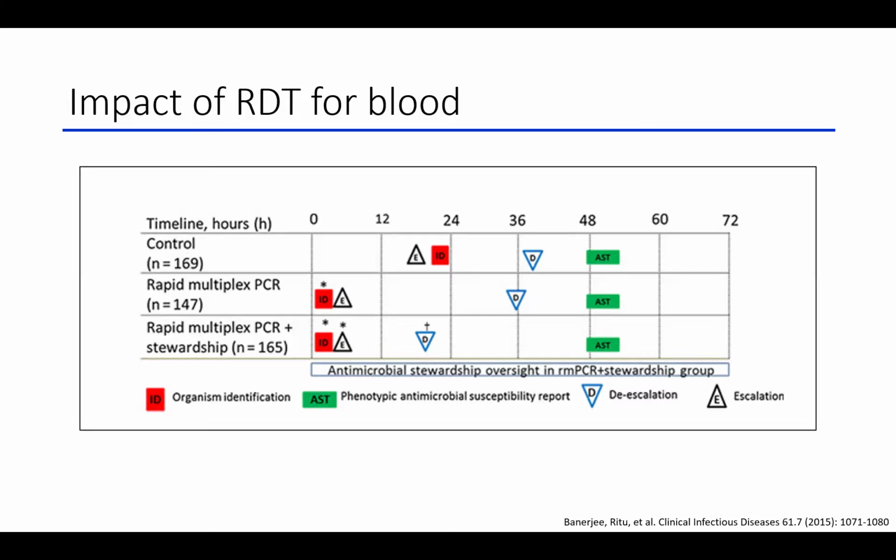And then the rapid multiplex PCR plus stewardship is the bottom. And what you can see is that red is the organism identification and the triangle with the E is escalation. So we'll start there. And you can see that actually escalation for the control group was happening before the identification was back.